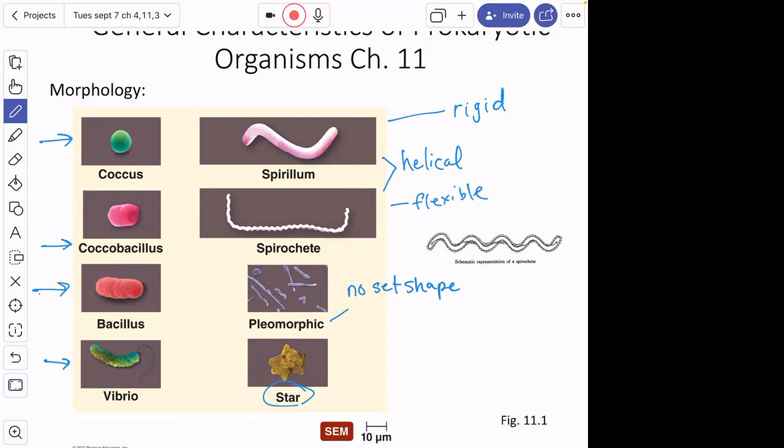Oftentimes, although you can't see any flagella in this picture, the spirillum will have flagella at the ends. We'll talk more about flagella shortly. That's what makes them able to move through the medium. And the spirochetes have a special kind of internal flagella that's fairly unique.